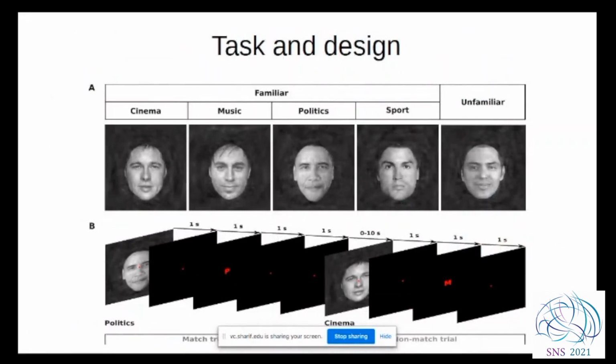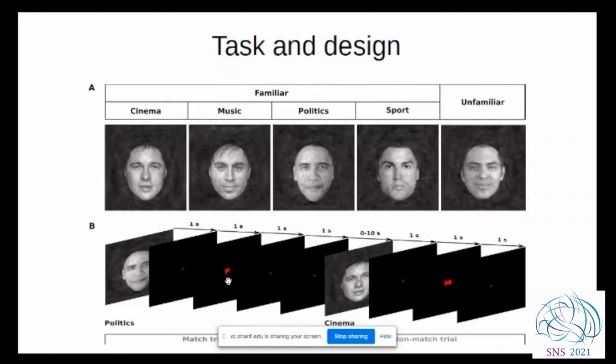And then we had an event-related fMRI design. In this design, we presented individual faces followed by a 1 second blank period. And then we presented a letter at the center of the screen.